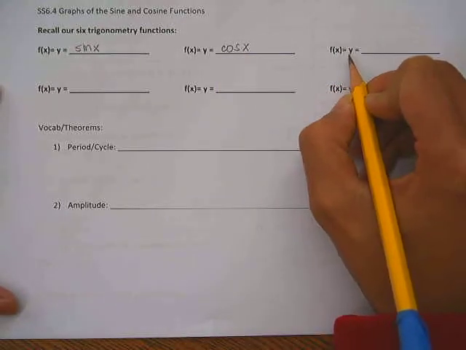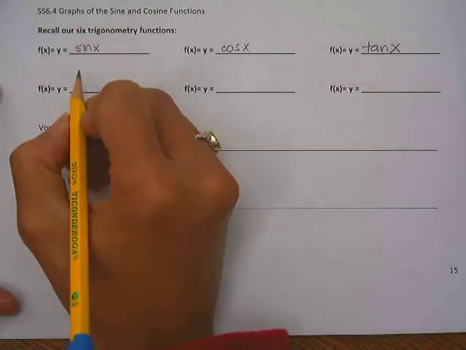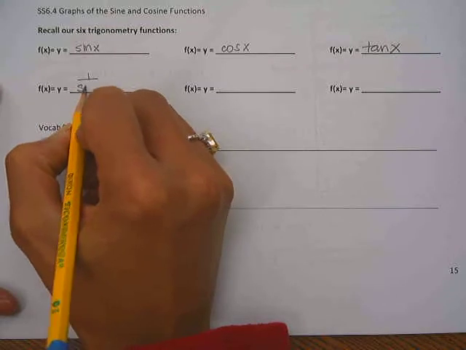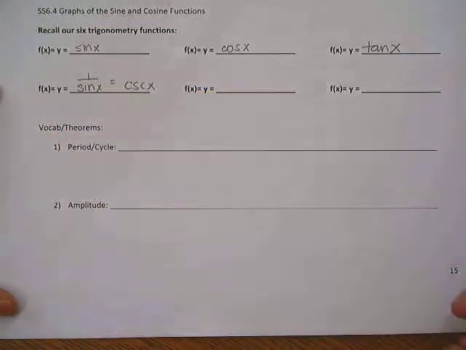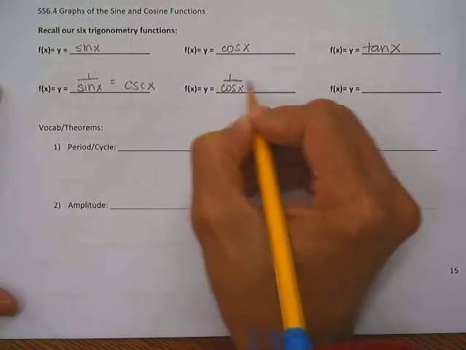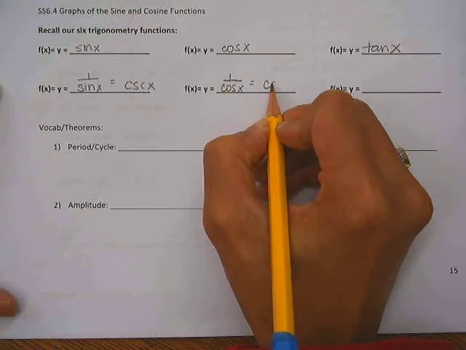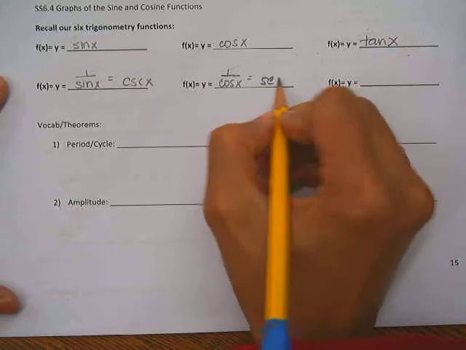F of x, which is the same as y equals, tangent of x. The next one, the reciprocal of sine, is 1 over sine of x. It's just going to be cosecant of x. The reciprocal, which is 1 over cosine of x, is secant of x.